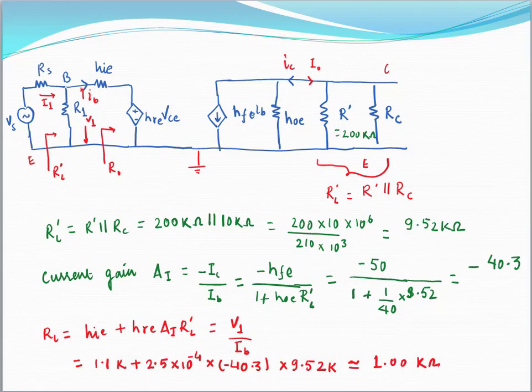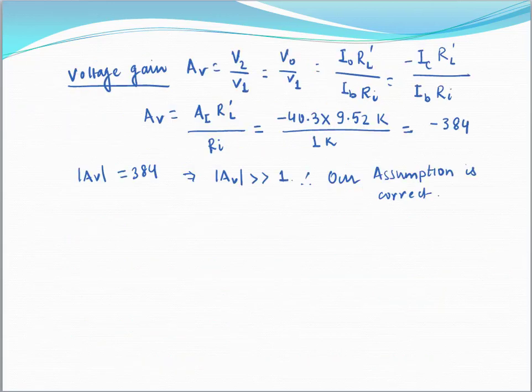So what was R1? So R1 was here R dash by 1 minus AV. This is 200 kilo ohm by 1 minus of minus 384.